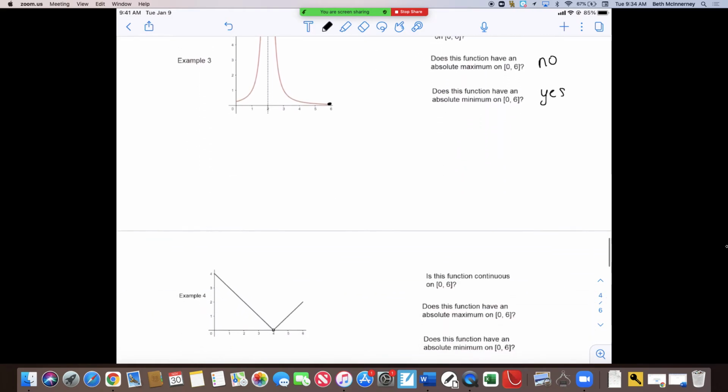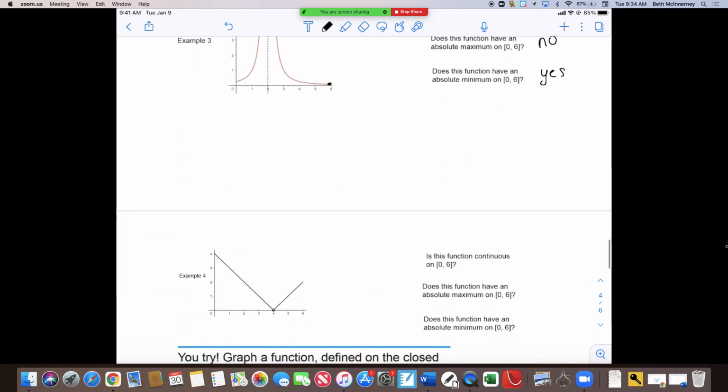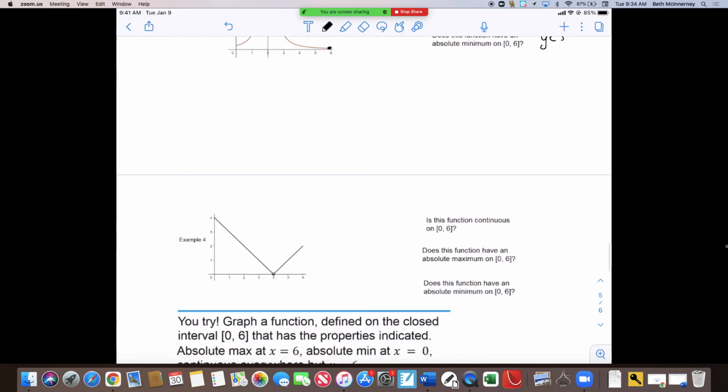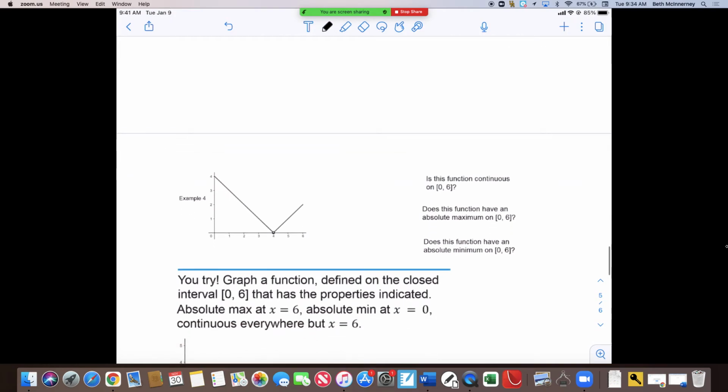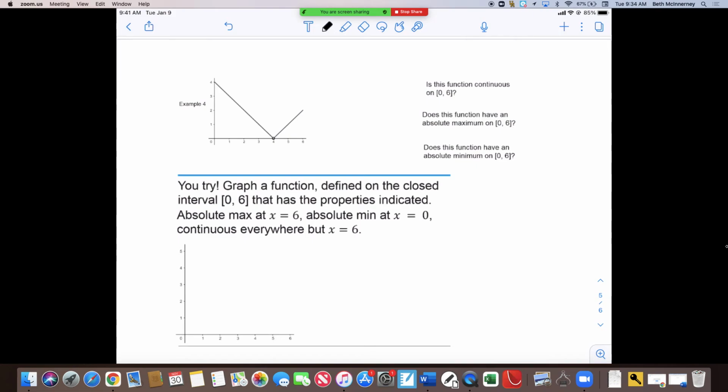All right, example 4. I'm going to pause a moment, and I want you to answer the 3 questions. Think about it before I fire off the answers. All right, is the function continuous?